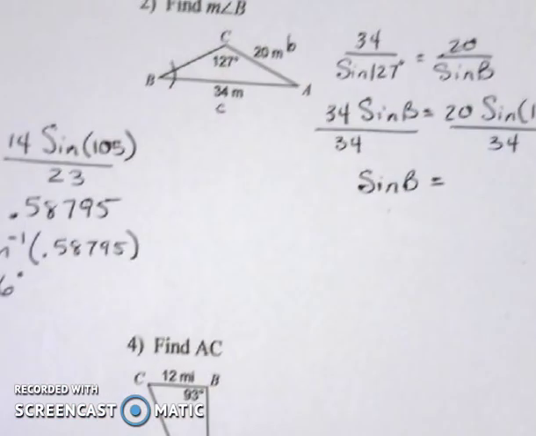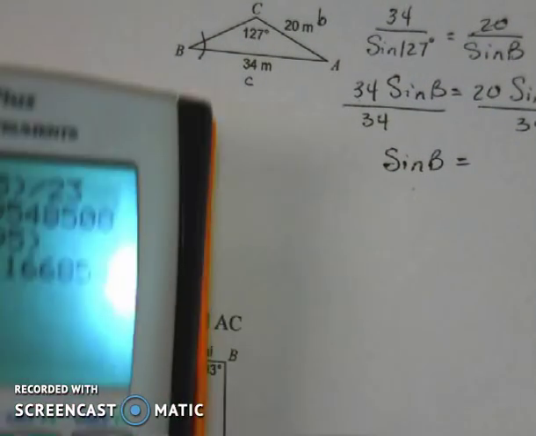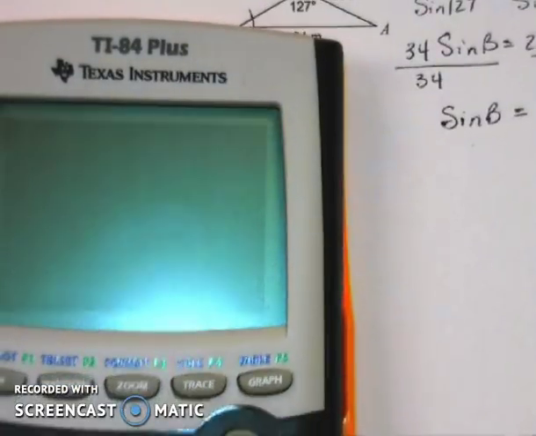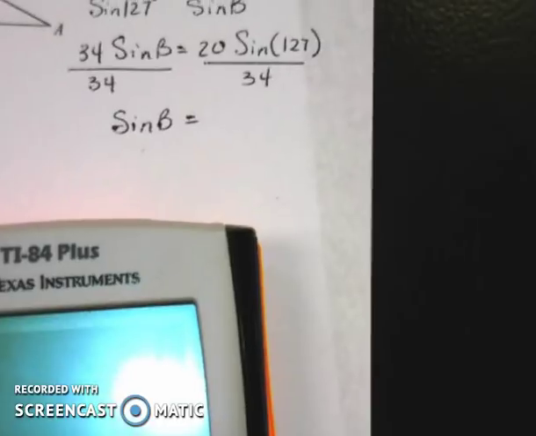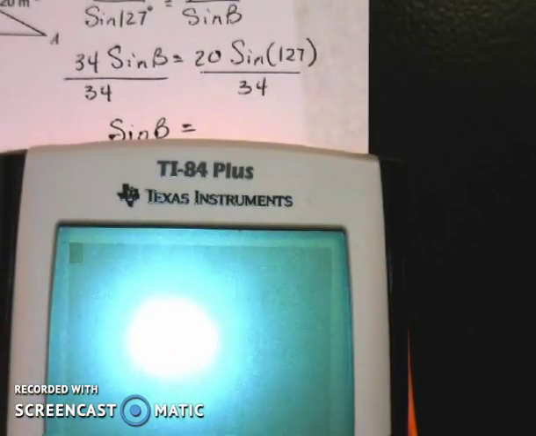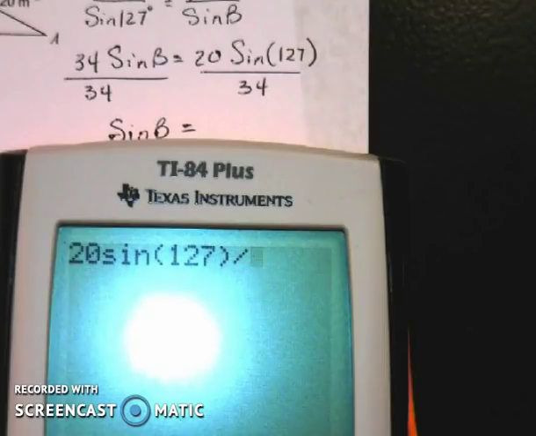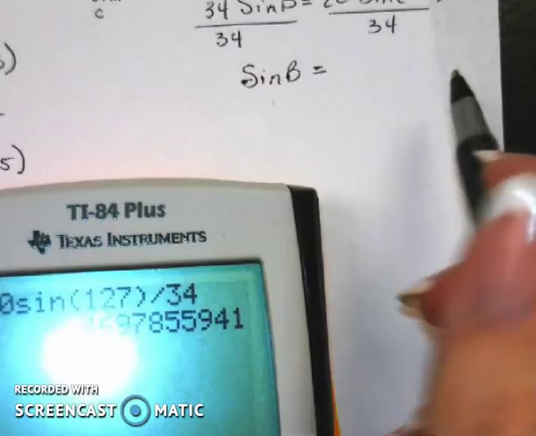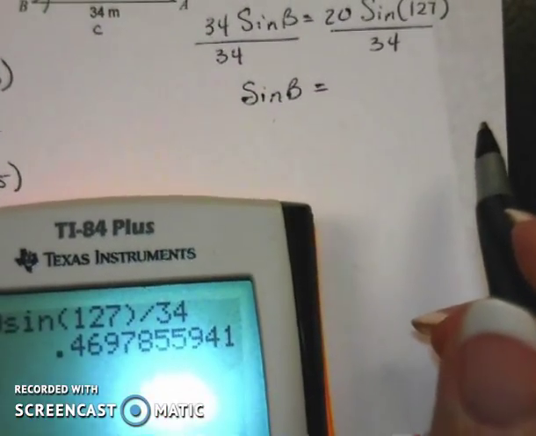And now I'm going to plug this into the calculator. So let's clear it and type that in. So 20 sine 127, close parenthesis, divided by 34 equals. Okay, so that equals, oh, that light's right on it, isn't it? There we go.